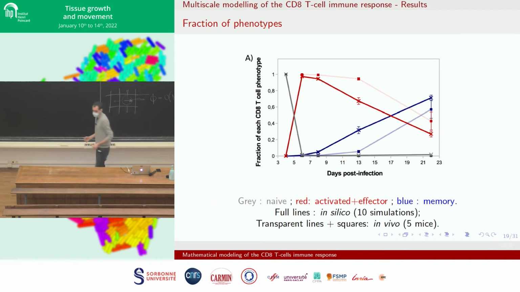We can also look at the composition of the population in terms of fraction of cells in each phenotype. For example, in gray, it's the fraction of naive cells. So we start with only naive cells that are activated. And then we see that at day 6, the whole population is composed of effector cells that progressively decrease as the fraction of memory cells increases.